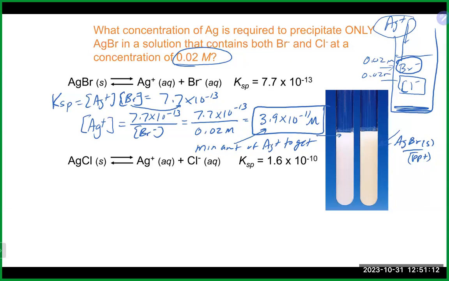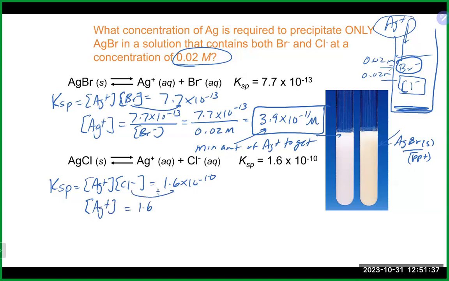We could do a very similar calculation to figure out the concentration of silver that's needed to start to see silver chloride come out, by using the KSP expression as well. That would be silver times chloride equals 1.6 times 10 to the minus 10. Once again, we could solve for the silver concentration by dividing the chloride to the other side.